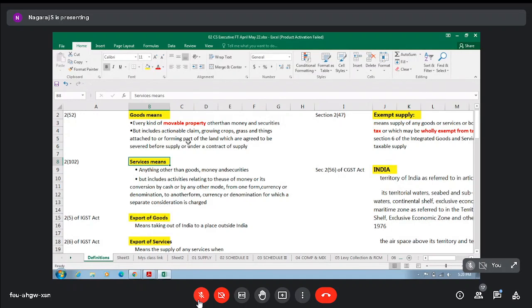If movable property is goods, is immovable property services? Yes. What are the immovable properties? Land, house, buildings. If you sell the land, if you sell the house, is it liable to GST?